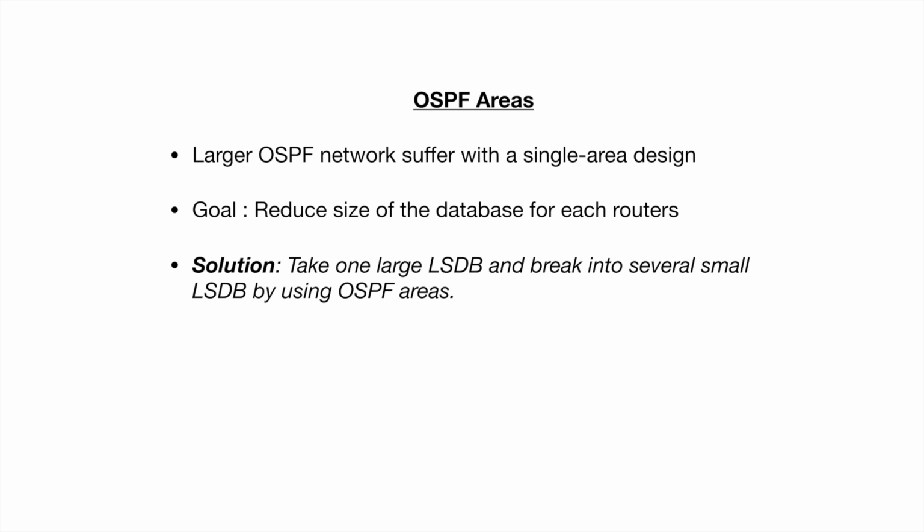That way, a router within an area only maintains the database for the area to which it belongs. If it is a router in area number 1, it only cares about the LSAs for area number 1, and outside this area, they don't care. So you will have a smaller LSDB, the SPF is going to be faster, and things will look better.